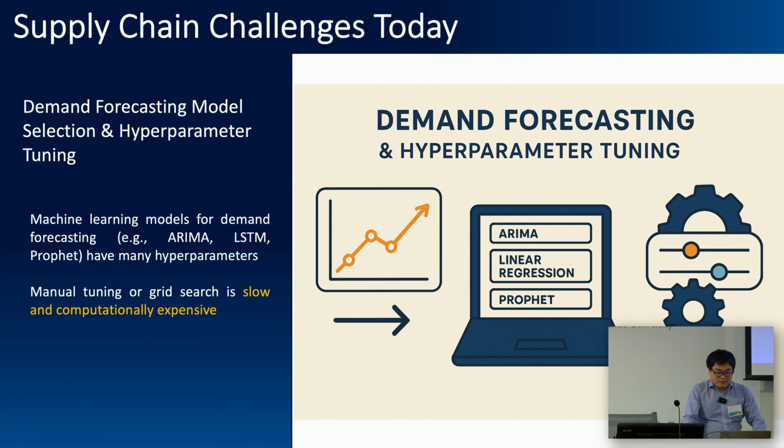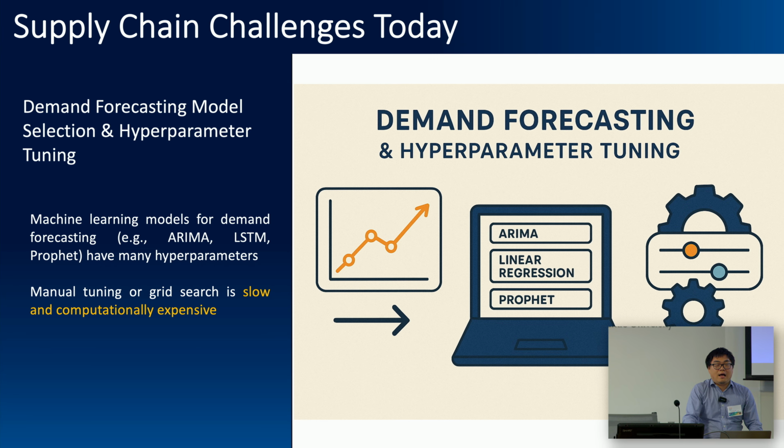That's the inventory side. The other is demand forecasting. We need to forecast the demand, which is a time series forecast, and usually we use machine learning models and models like ARIMA, LSTM, and the recently developed Prophet.